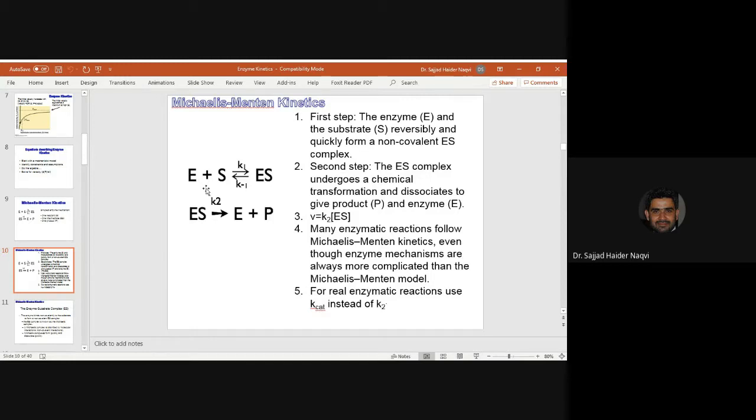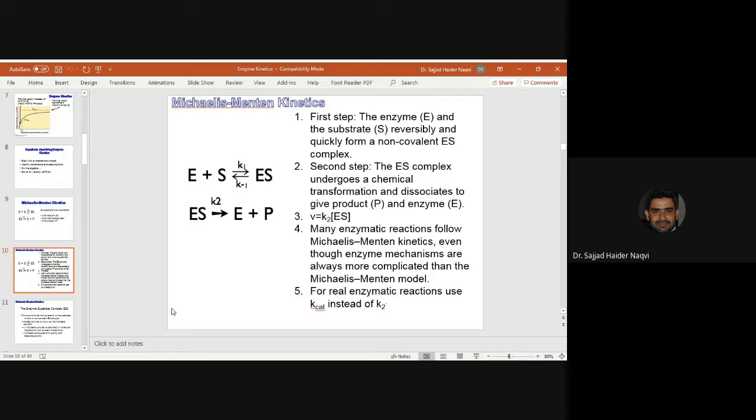So the velocity is not directly corresponding to this concentration, because if it transforms to this, it's a reversible process. It can go back. But once it reaches the second step, where the coefficient is K2, the actual reaction velocity depends on the concentration of enzyme substrate complex. That's why velocity is equal to K2 times ES.